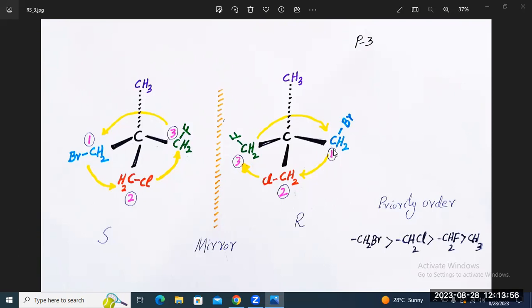So in this case, we can see the priority order and the configuration. The S configuration and the R configuration have been assigned on the basis of this priority order according to the sequence rule. And the sequence rule is based upon the atomic number of the atom attached to the central carbon atom, at number 1 carbon or at number 2 carbon.